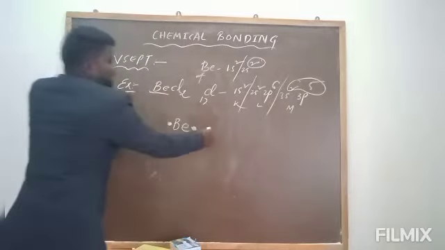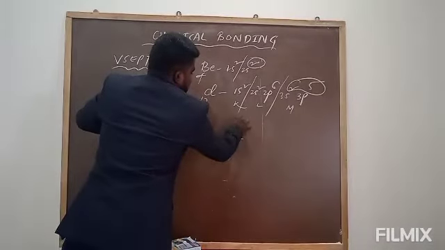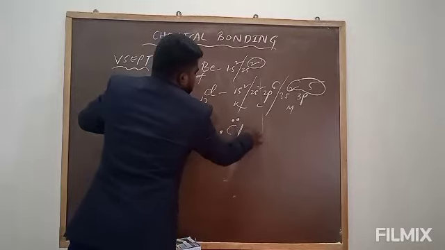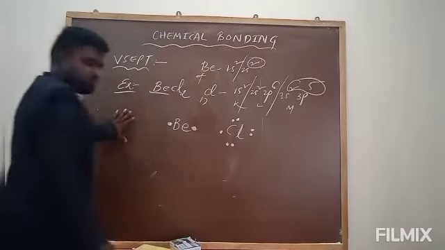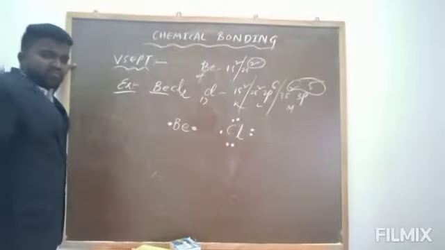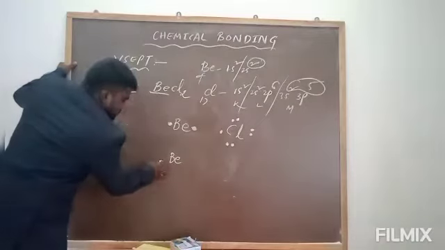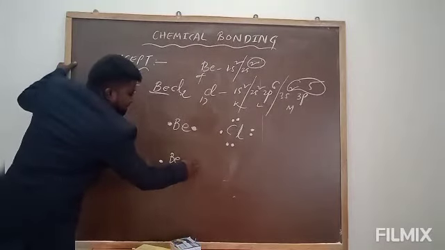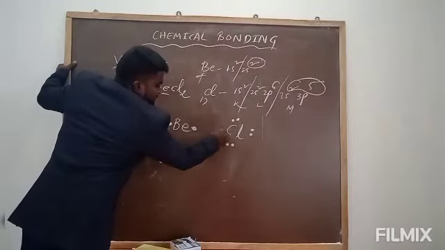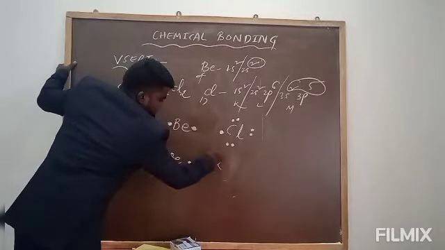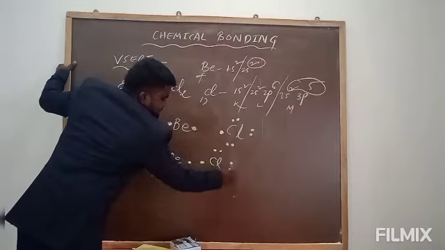So chlorine will get 7 valence electrons: 1, 2, 3, 4, 5, 6, 7. Now if we draw the structure, beryllium has 2 dots around it. Chlorine has the bonding electron, I am writing it on this side. Now the rest of the 6 dots I am writing like this.